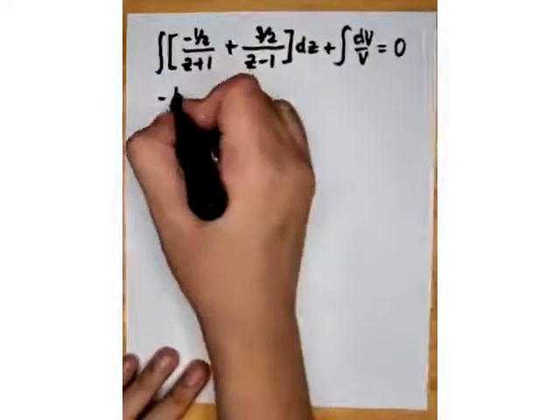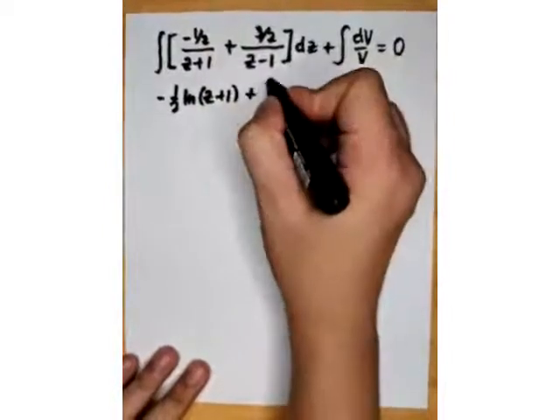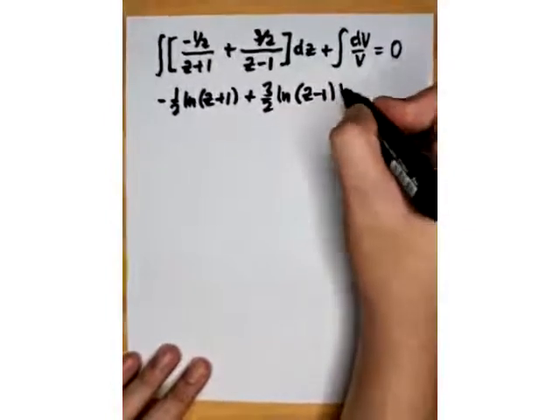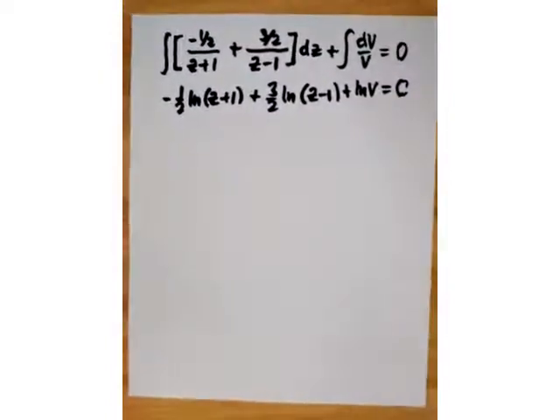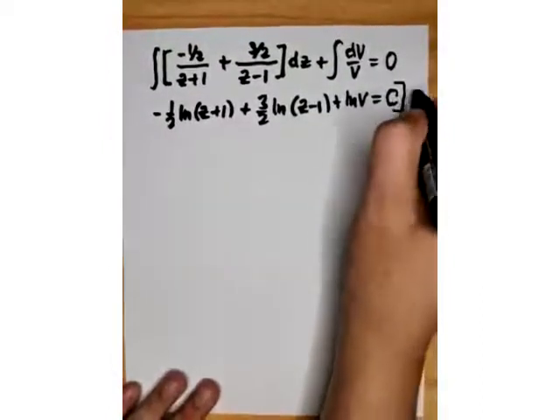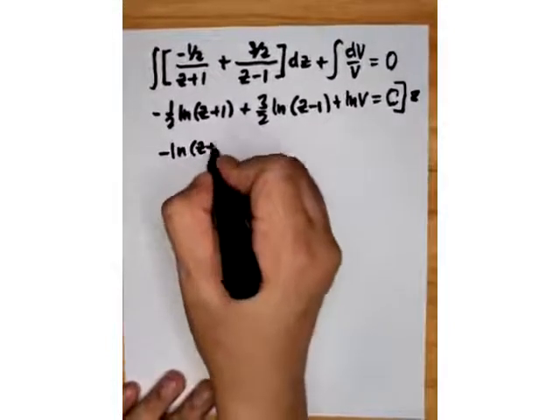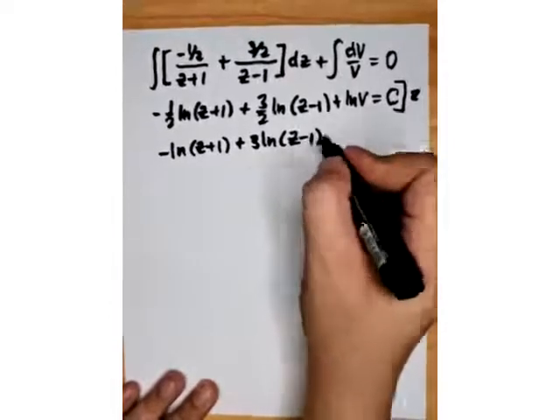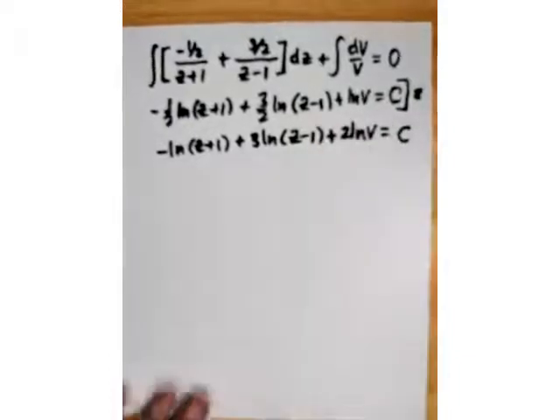So, negative 1/2 ln of z plus 1 plus 3 over 2 ln of z minus 1 plus ln of v is equal to c. Ayan. So, i-simplify pa natin. Okay, so let's multiply the whole equation by 2. So, this is negative ln of z plus 1 plus 3 ln of z minus 1 plus 2 ln of v is equal to c.